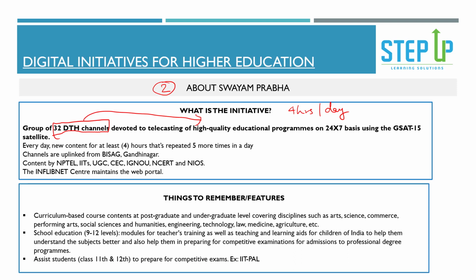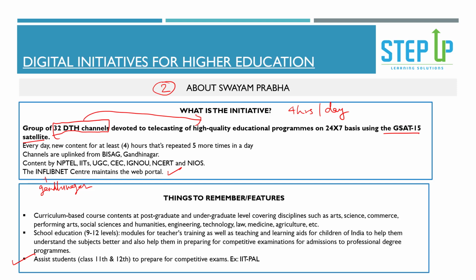And the INFLIBNET portal, which I just mentioned, in Gandhinagar, Gujarat, maintains the web portal, and all these DTH channels are telecasted using the GSAT-15 satellite. Again, it has content for everybody, not only students but also for teachers. It also assists students in competitive exam preparation.